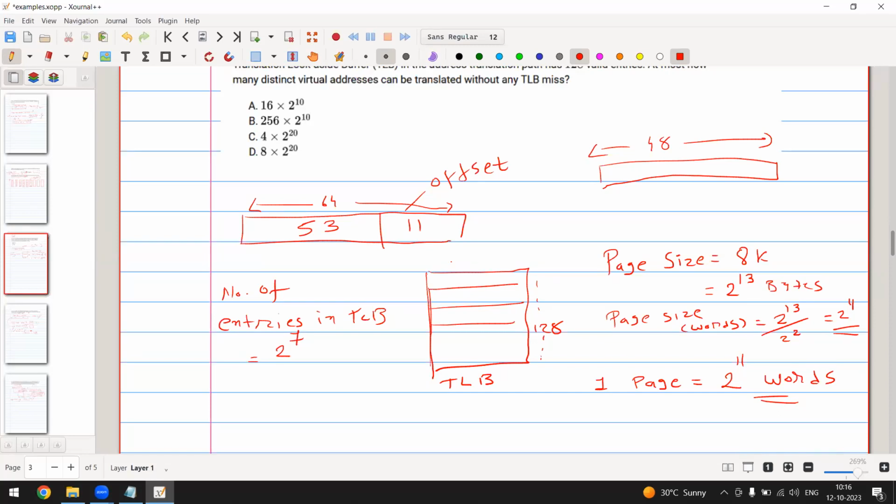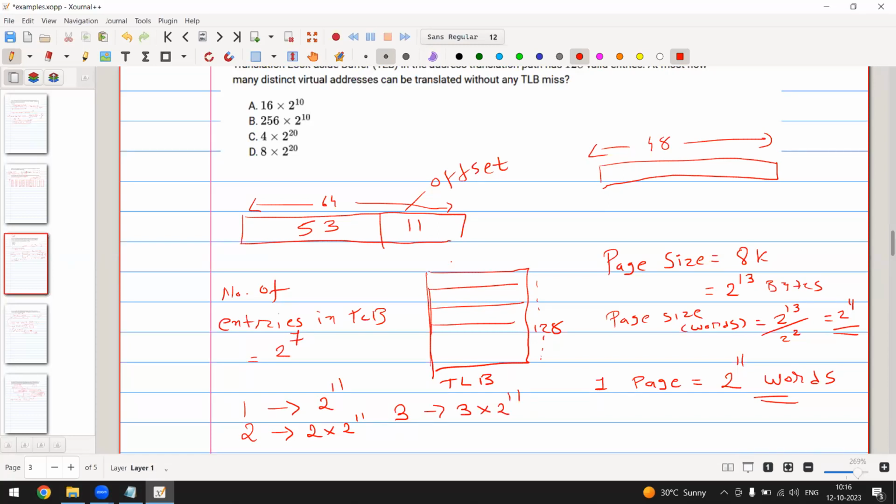So at max, if you find one page from the TLB, you can form 2 raised to 11 addresses, because each page has 2 raised to 11 addresses. If you find 2 pages, you can form 2 times 2 raised to 11 addresses. If you find 3 pages, you can form 3 times 2 raised to 11 addresses.